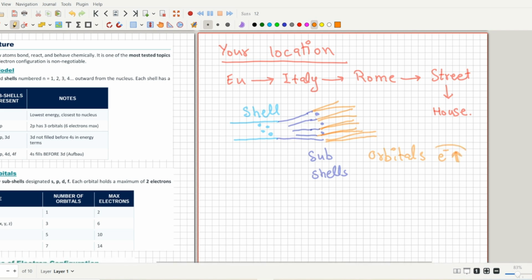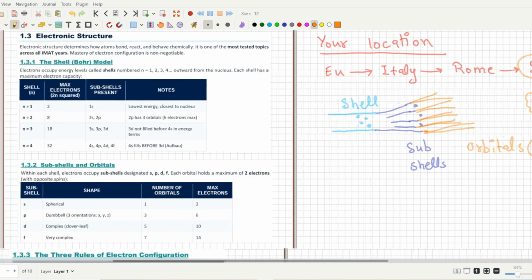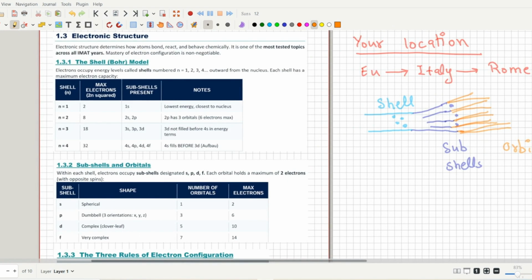The highest chance of finding an electron is in an orbital, because you are really specific. If I'm living on street number 26 in Pakistan, then finding my house is not that hard. And if I'm living in Italy, in Campania, Luigi Vanvitelli, then finding my classroom is not that difficult, right? So that was the whole story for shells, subshells and orbitals.